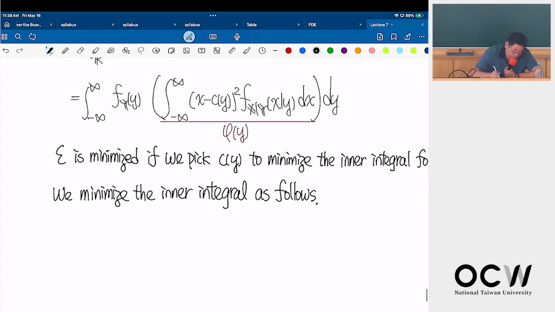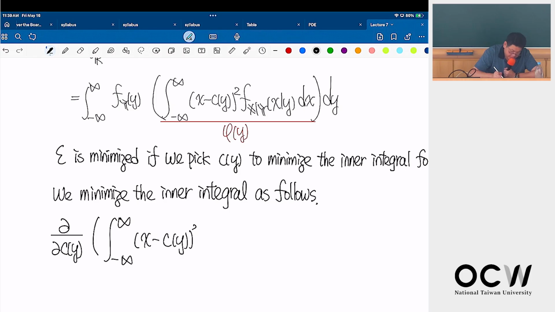Here, if I take the partial derivative with respect to c(y), we have x minus c(y) times the conditional PDF, and then we need to set that to 0.